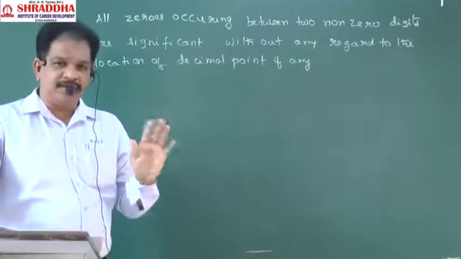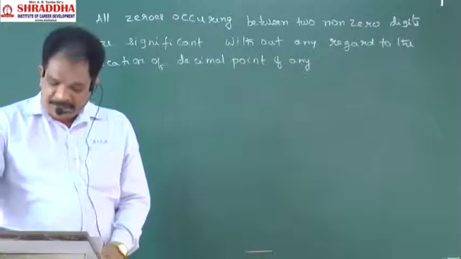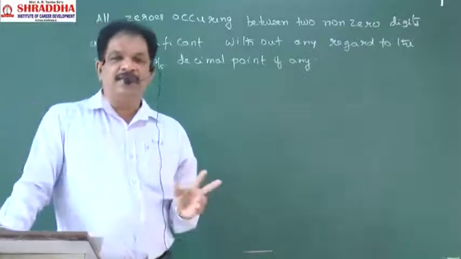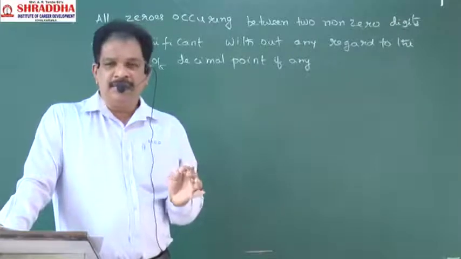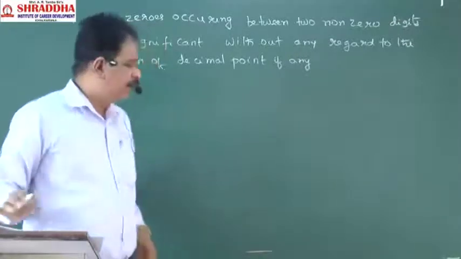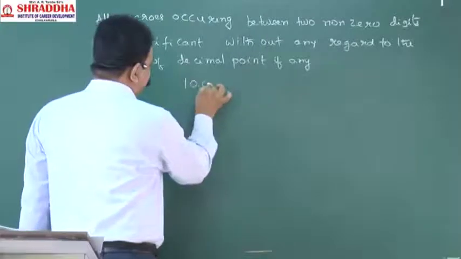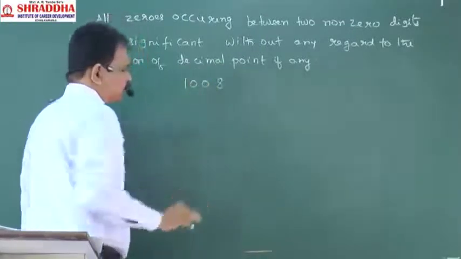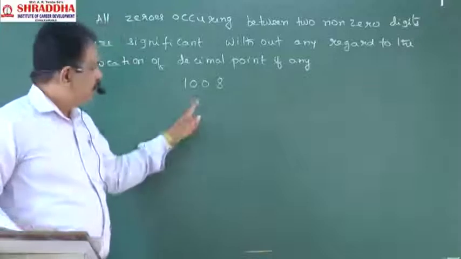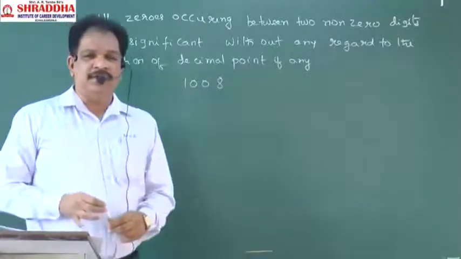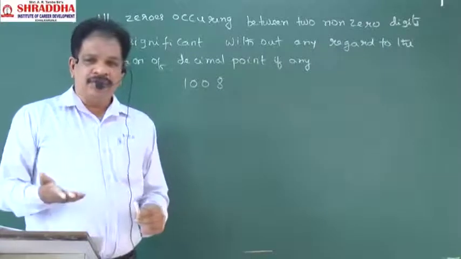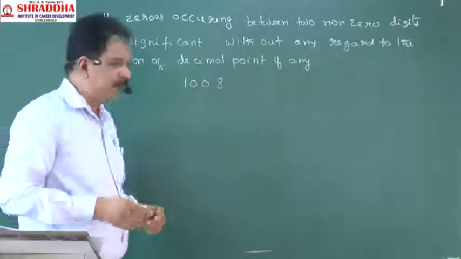Actually, zero by itself is not significant. But if the zero is occurring between two non-zero digits, then that zero will also be significant. For example, 1008. These zeros are in between two non-zero digits, so those zeros are also significant.